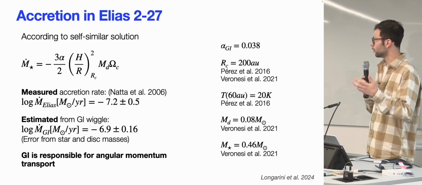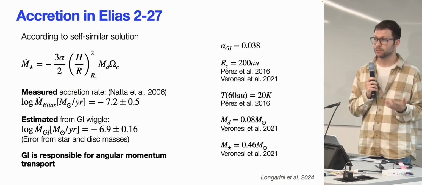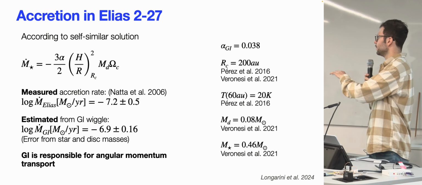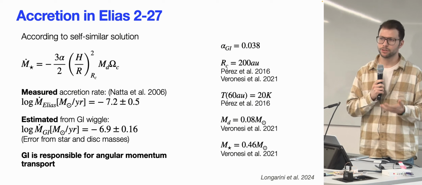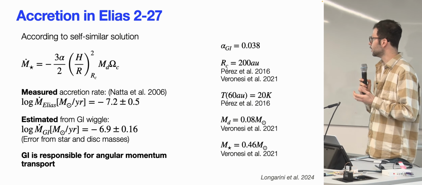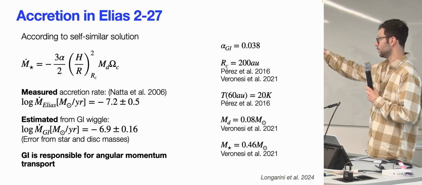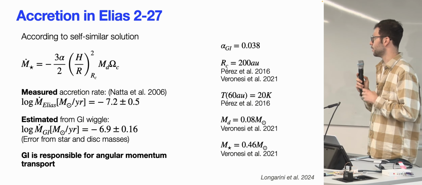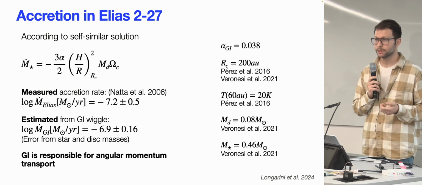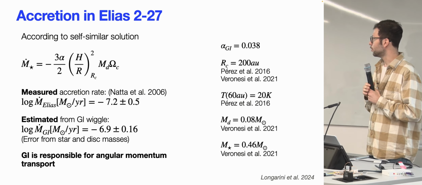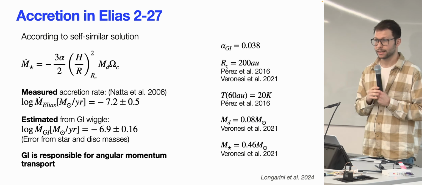According to the self-similar solution, it is possible to connect the alpha viscosity and disk parameters with the expected accretion rate onto the central object. And the accretion rate is something we can measure. We have a measurement of this accretion rate that is 10 to the minus 7.2 solar masses per year.